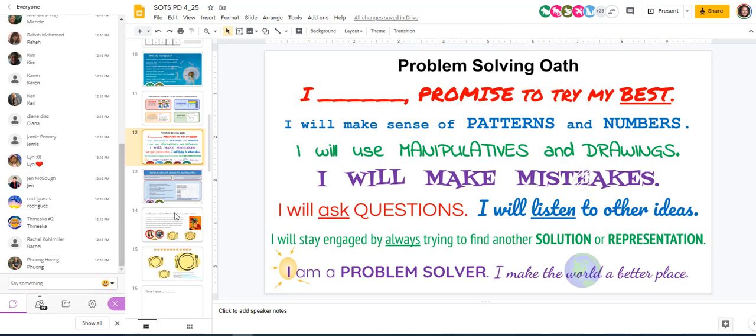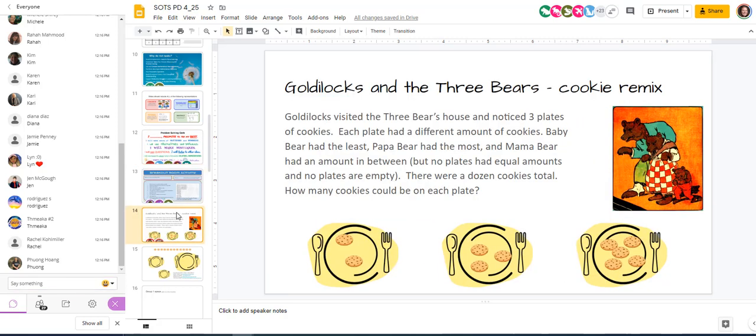If you join me on slide 14, this is our rich task for today. It's Goldilocks and the Three Bears with a cookie remix. So on slide 14, we have our task. Goldilocks visited the Three Bears' house and noticed 3 plates of cookies.